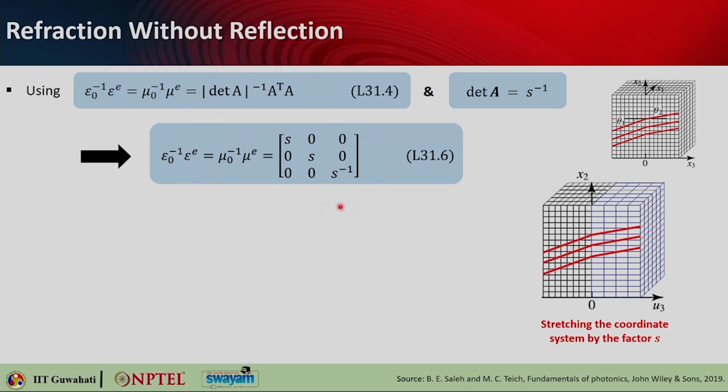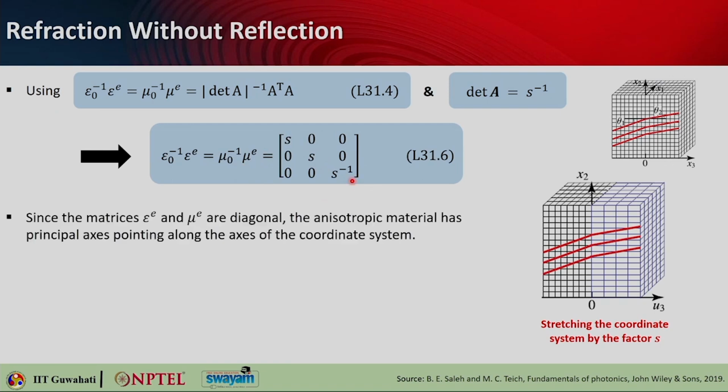Okay. You can do the computation and you will see that epsilon naught inverse epsilon E equals mu naught inverse mu E equals this. So, the elements are S, S and 1 by S. Okay. Now, since the matrices of permittivity and permeability of the equivalent material are diagonal, the anisotropic material has principal axes pointing along the axes of the coordinate system.